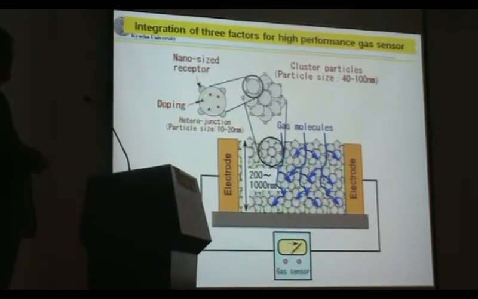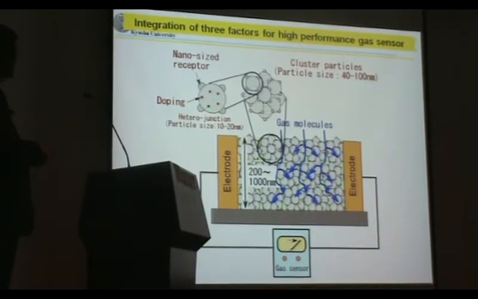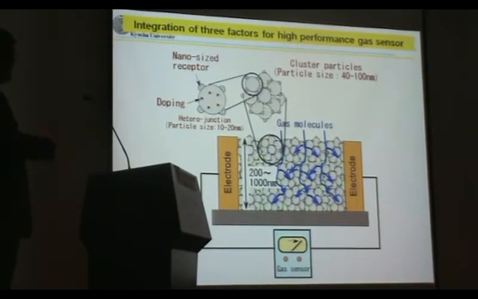The first is nanoparticle control through doping, which means the semiconductor should be controlled in the donor density, and the nanosize receptor also contacts this particle, maybe 10 or 20 nanometers in diameter.